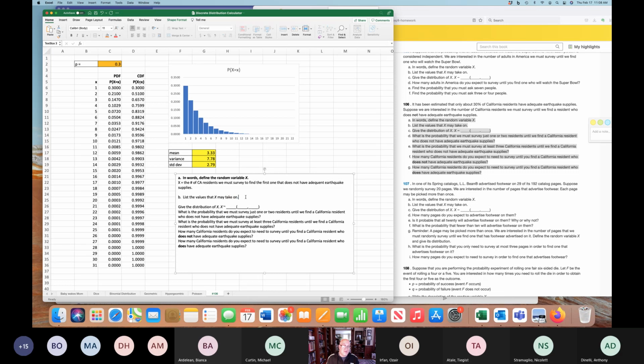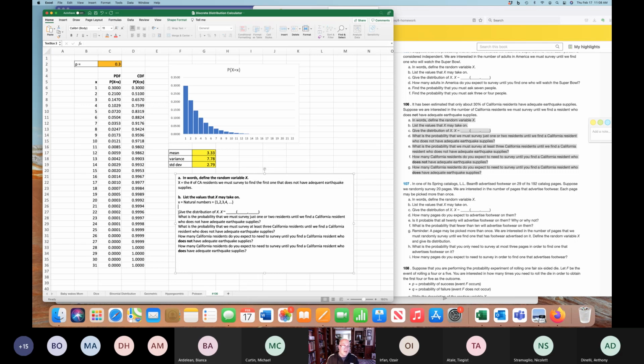The geometric distribution is open-ended, so I'll make that bold, and I'll say X is an element of the natural numbers, which is equal to the set 1, 2, 3, 4, and so on.